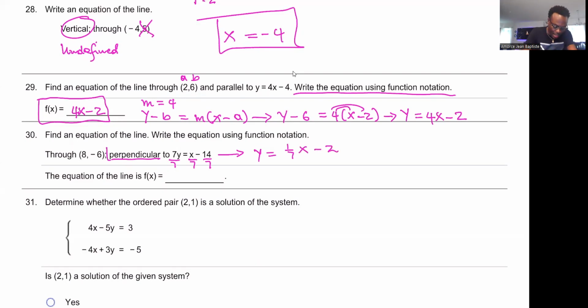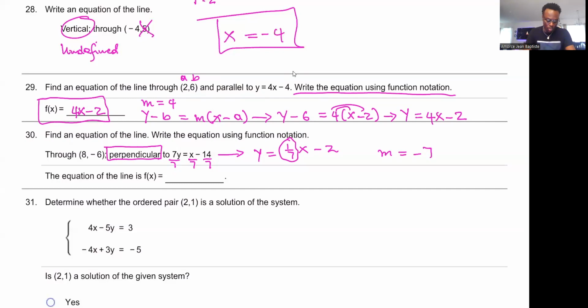Since the line that I need is perpendicular to that, the slope of the line that I'm looking for is the opposite reciprocal of the slope of this line, which is 1/7. So the slope is m equals negative 7, negative and flip.